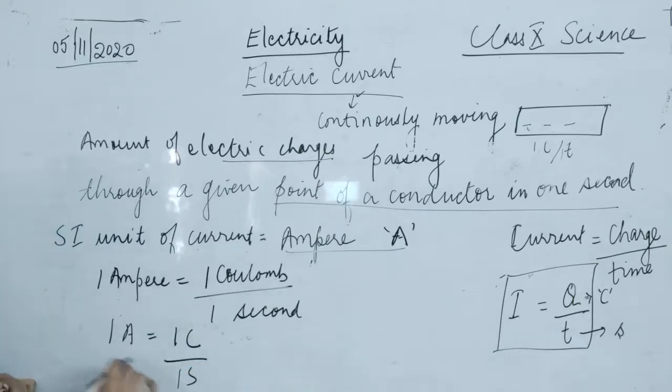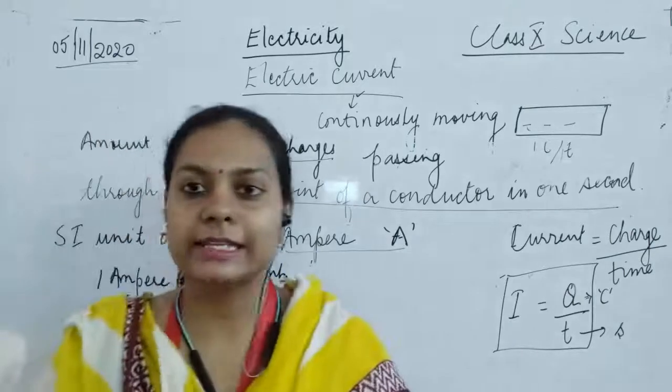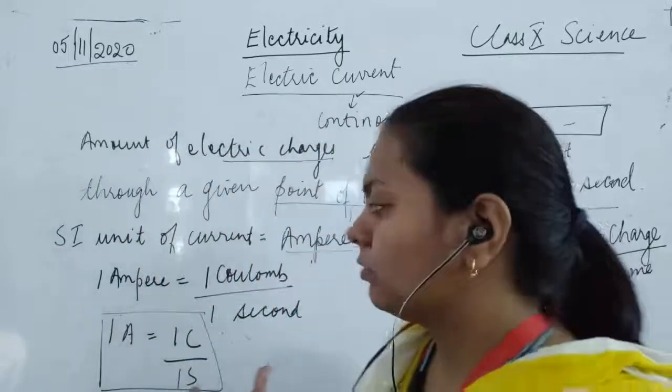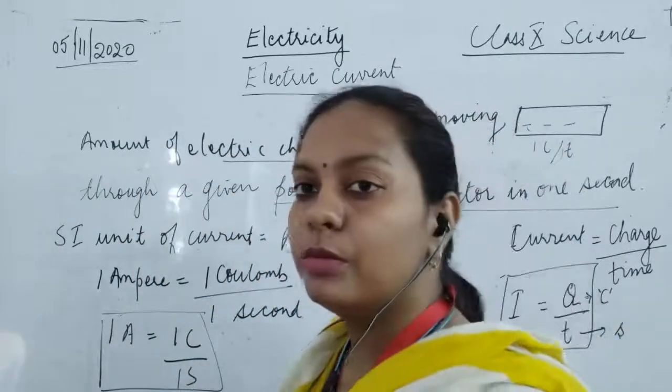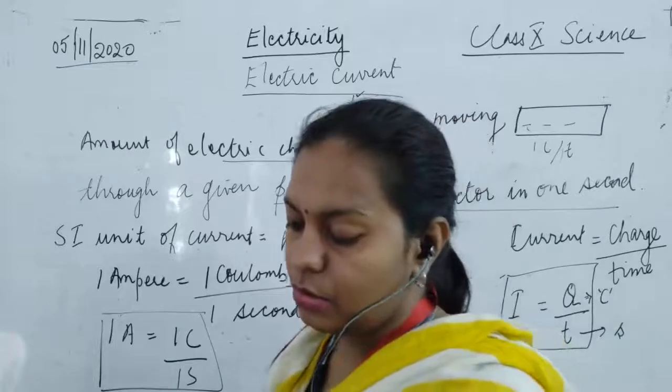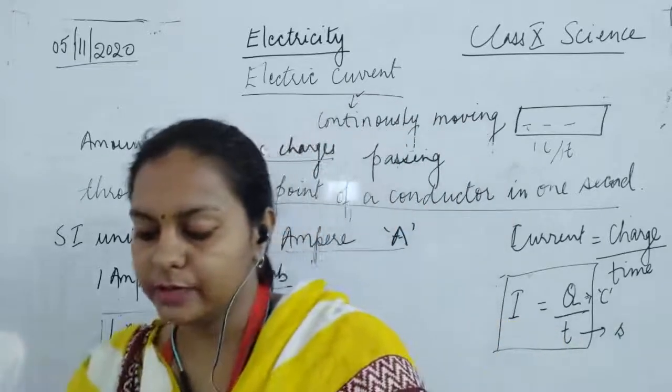This is the definition of 1 ampere, which says that 1 coulomb of charge is flowing through in 1 second.